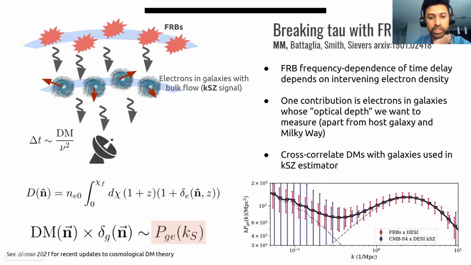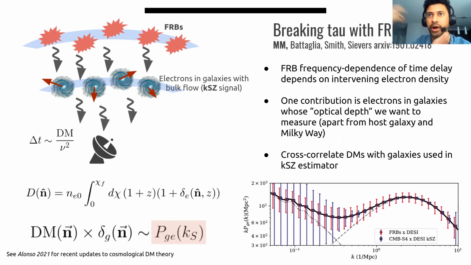If you do that cross-correlation, then you measure precisely the power spectrum that you were uncertain about to begin with, right? So this weighted integral of the P_ge, you can translate to a measurement with error bars if you were cross-correlating FRBs with a galaxy sample like DESI. So that's the essential idea.